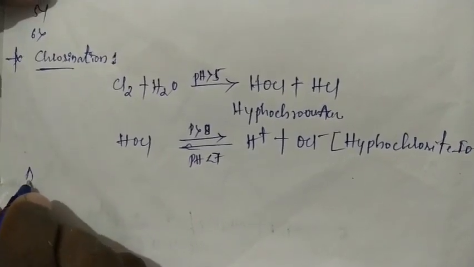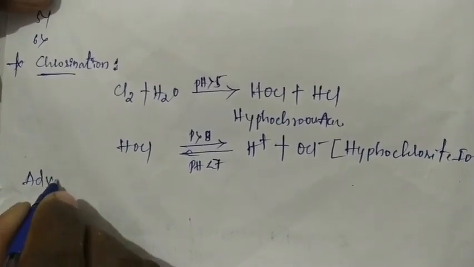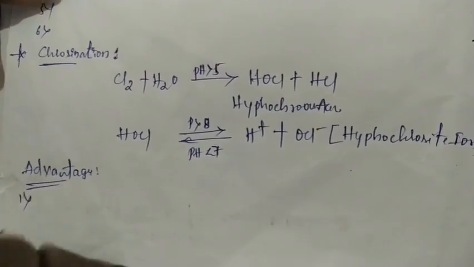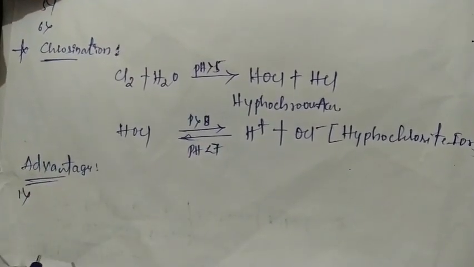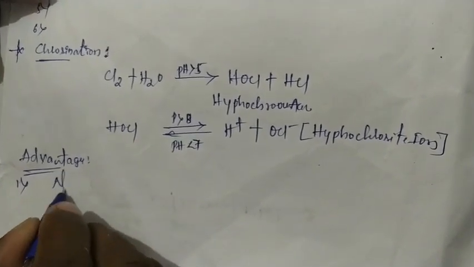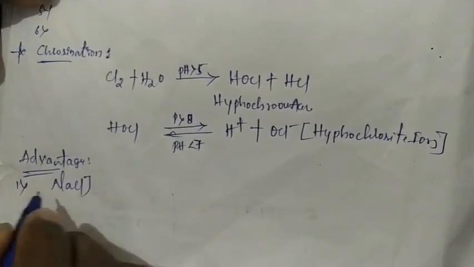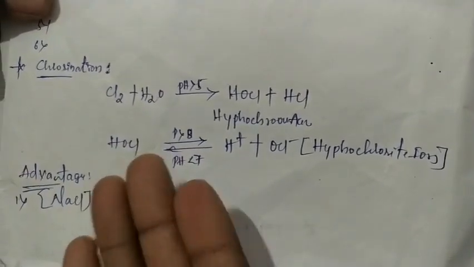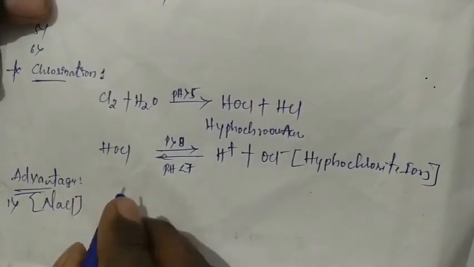First, chlorine is manufactured easily by electrolysis of common salt, that is NaCl, sodium chloride. By using this we can manufacture chlorine easily, so it is easily available as a disinfectant.